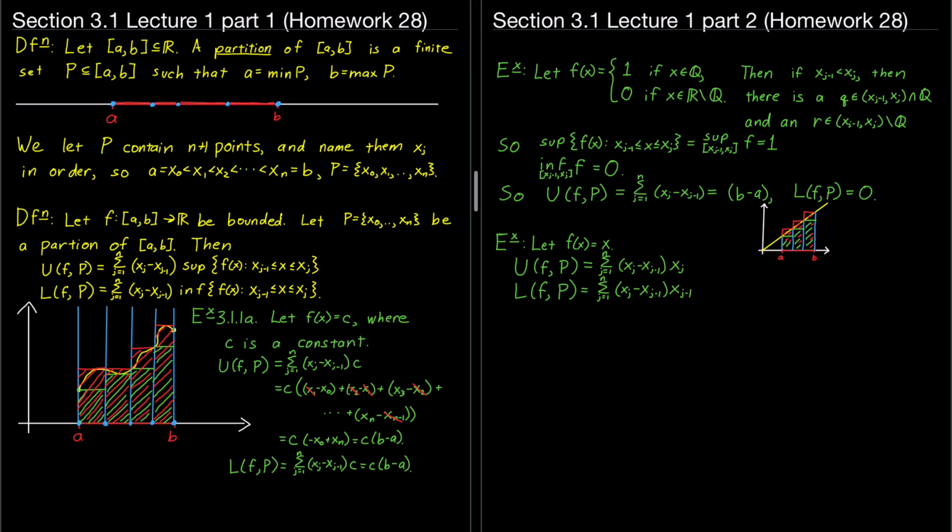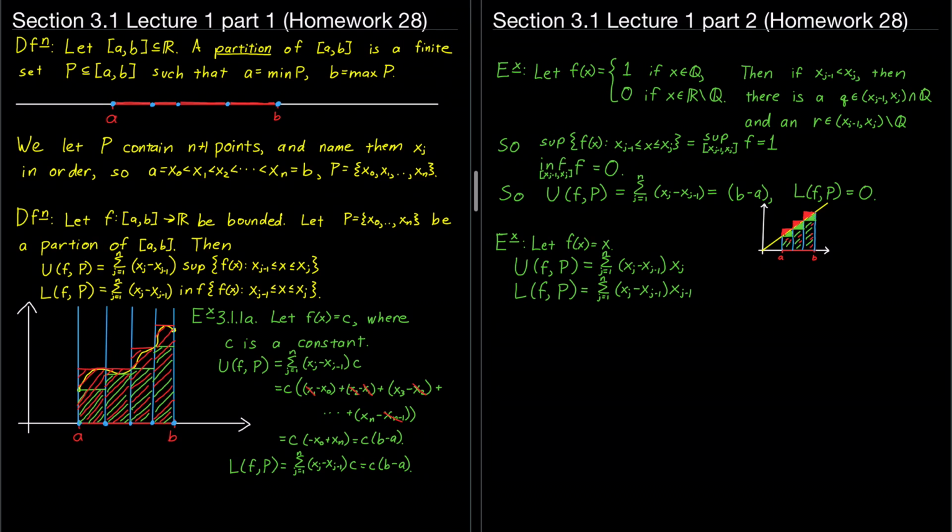And now notice that with our partition, these little triangles here are included in the upper sum. That's too much. These little triangles here are not included in the lower sum, so the lower sum is too little. But notice that if we got smaller and smaller partitions, we'd have less and less error.